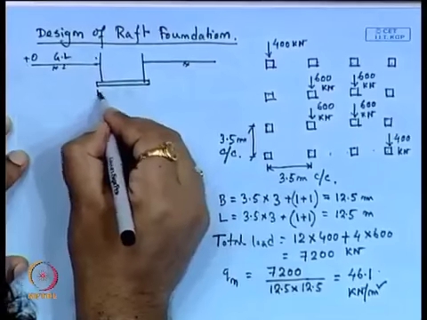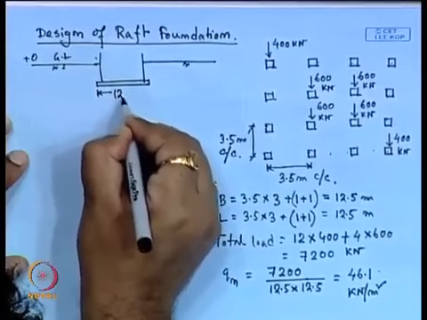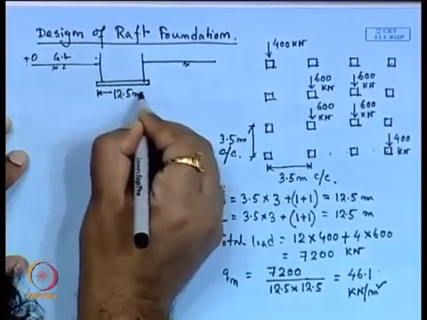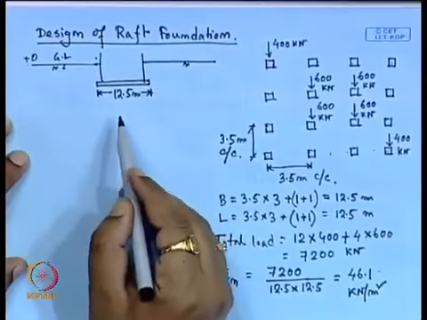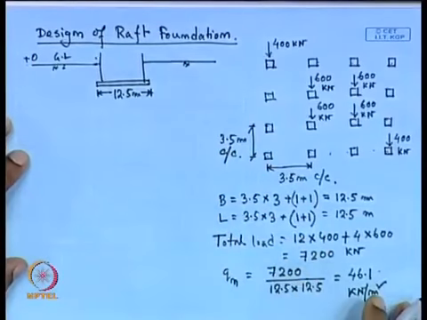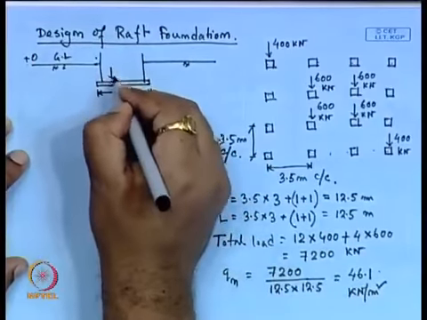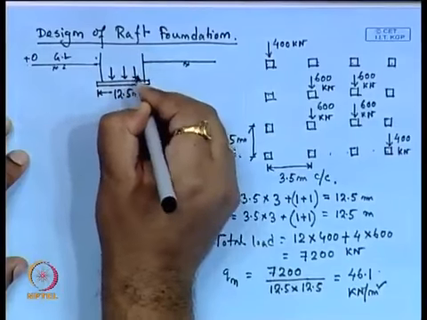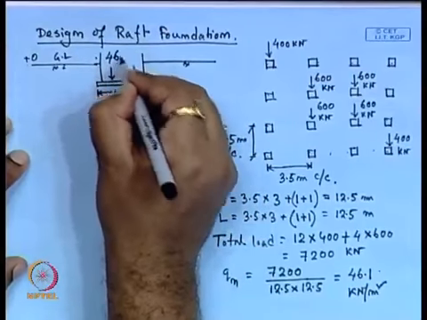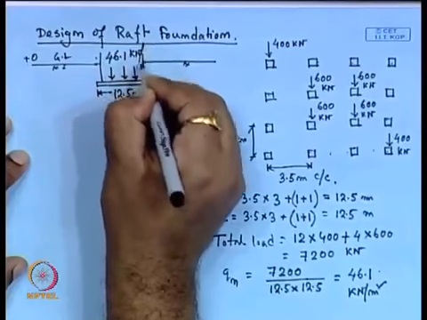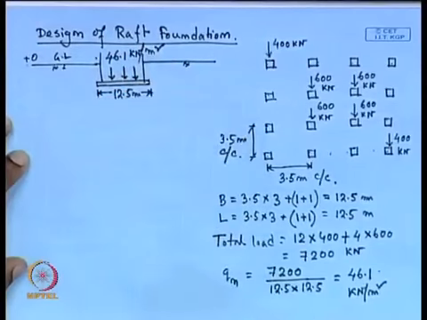The raft width is 12.5 meter and the length is also 12.5 meter, and the net load acting at the base of the raft is 46.1 kilonewton per meter square.